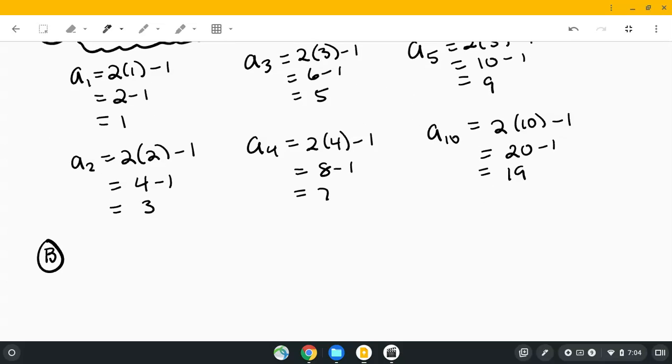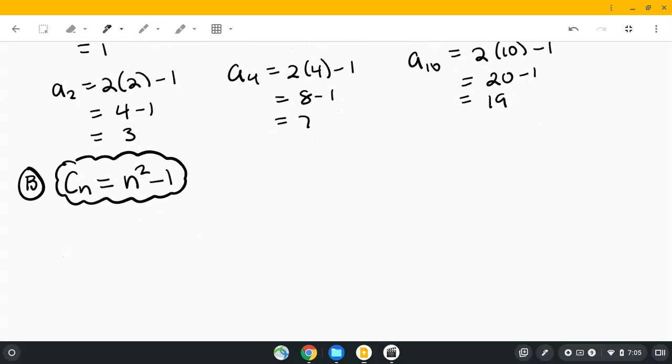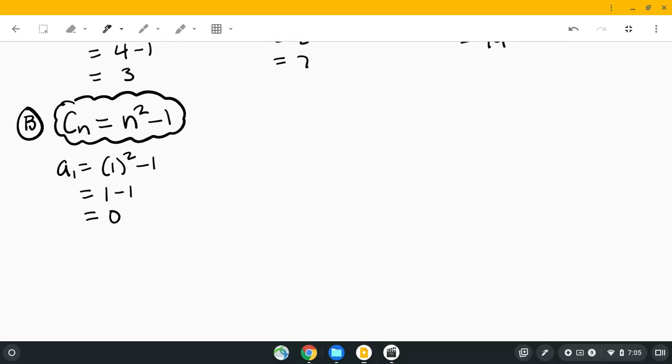Let's go ahead and try that for this next one. Suppose that our nth term formula is C_n equals n squared minus 1. So here you have this formula. For A1, you plug in 1. So we get 0. For A2, you plug in 2.